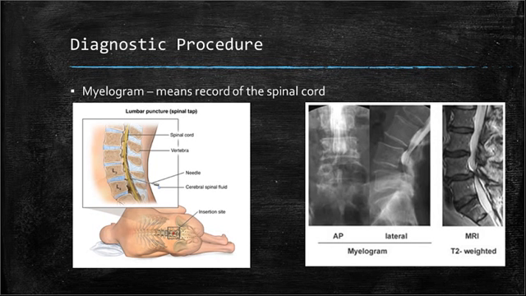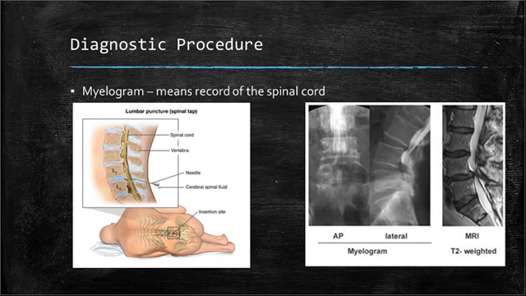Then they inject contrast that shows up on x-ray, and they will move the patient into certain positions after the contrast has been injected, and they'll watch how that flows through and around the spinal cord. They'll look for impingements or areas where the flow is not good, meaning that something is pushing or pressing on the spinal cord.